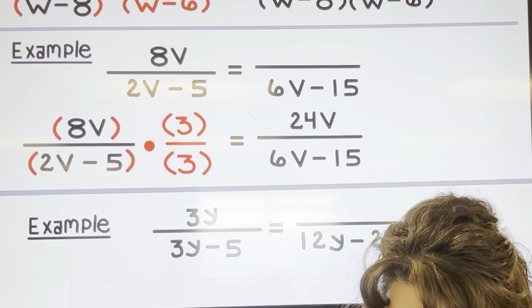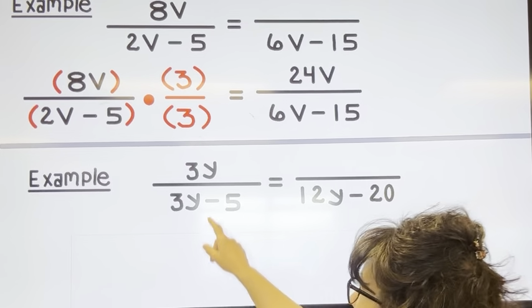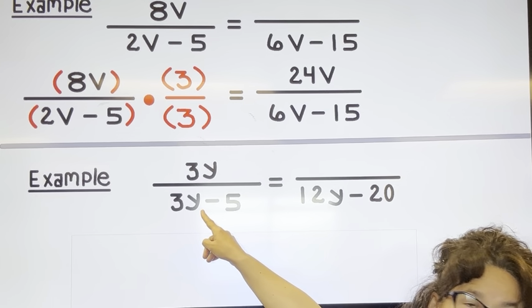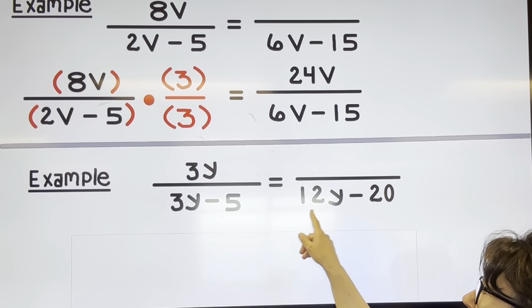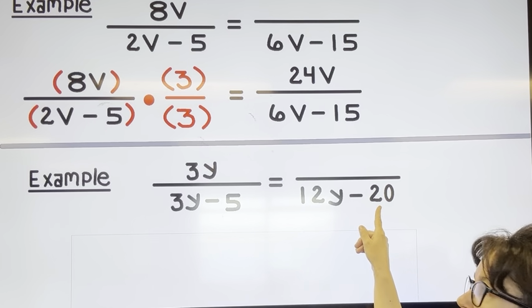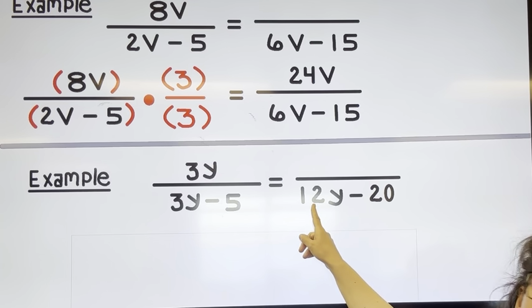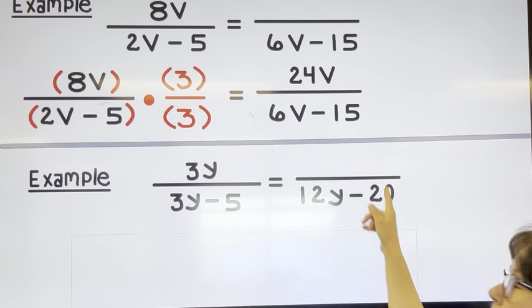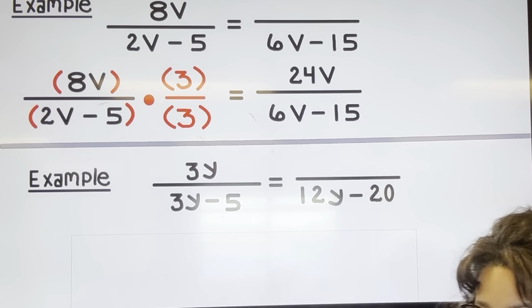Okay, last example. We're trying to think of what should we do to turn 3y minus 5 into 12y minus 20. Well, the 3 turned into 12 and the 5 turned into 20. So those numbers must have been multiplied by 4.